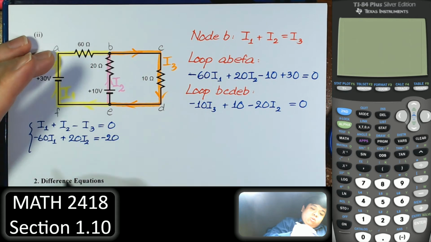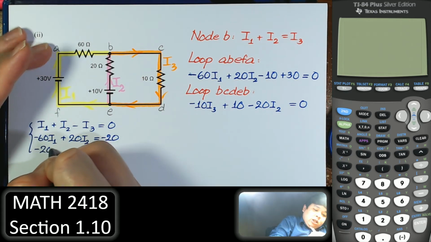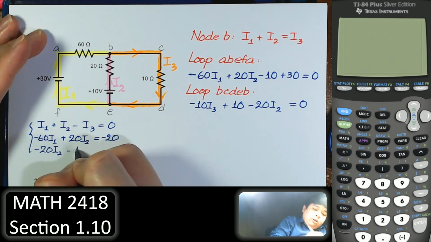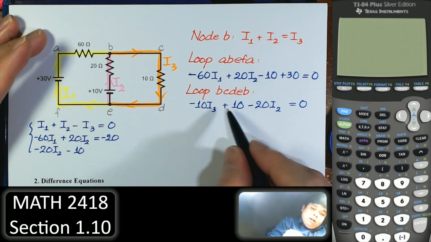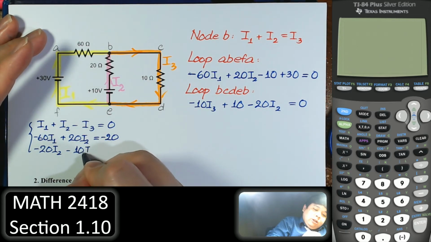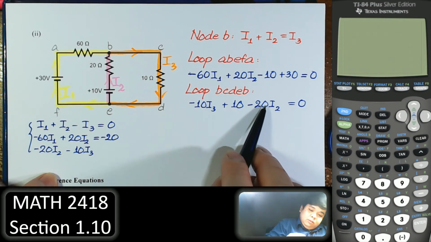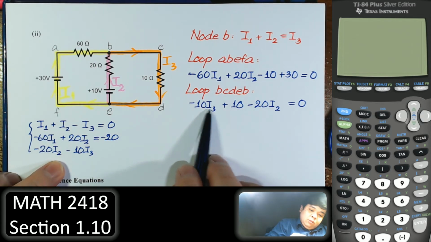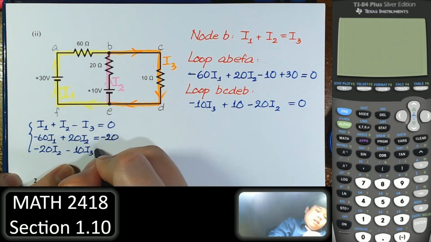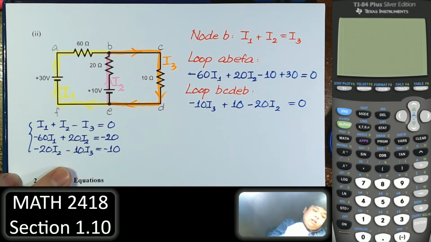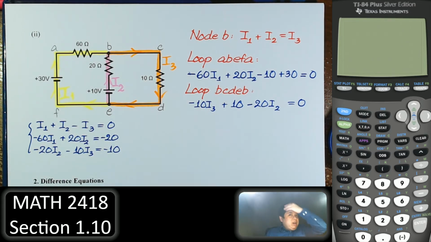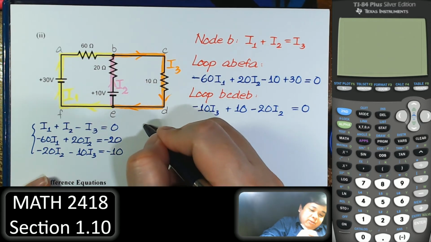And then last one, negative 20 I2, negative 10 I3. The 10 move to the other side is negative 10. Right, put in the augmented matrix, reduce to echelon form.